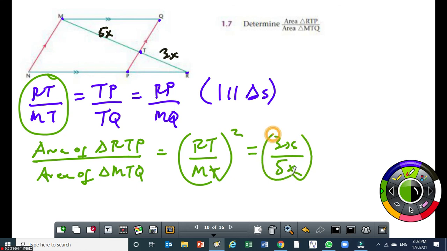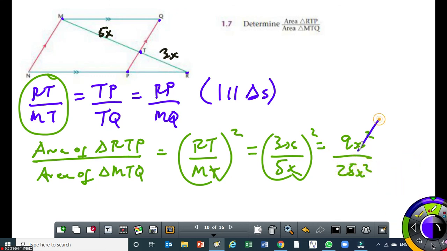Then you square this. You will get 9x squared over 25x squared. Fortunately, the x squared and the x squared cancel, so the final answer will be 9 over 25. You can't simplify 9 over 25 further.